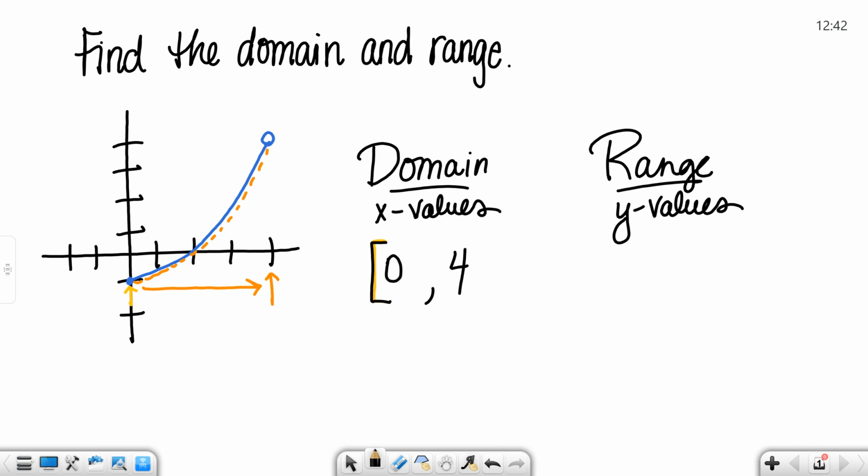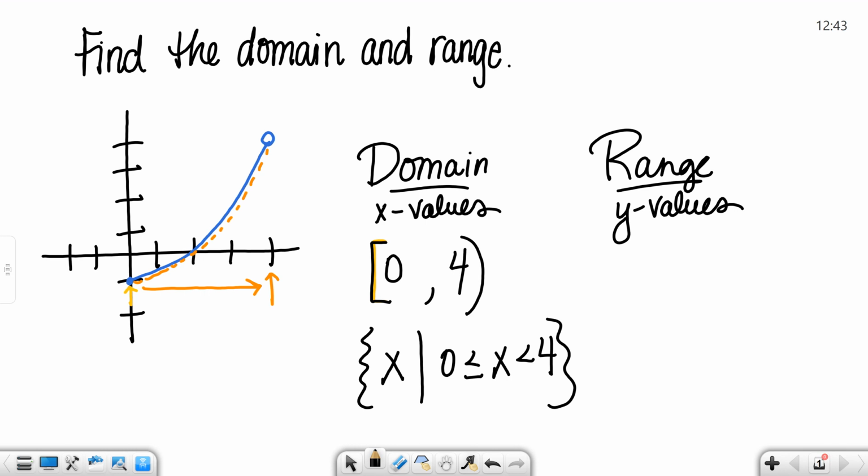But when I look up there at the blue curve, there's an open circle, which means it is not equal to 4, so I have to use a parenthesis. So this would be interval notation. Set builder notation would say domain is x such that x is between 0 and 4, and remember it was equal to 0. All right, now let's do y values.